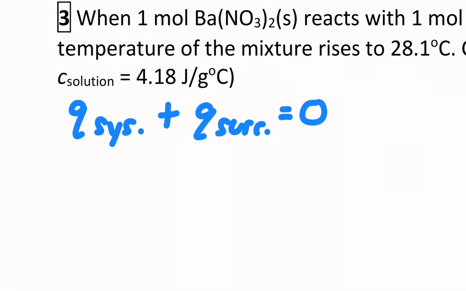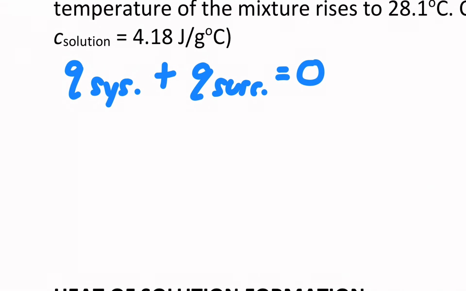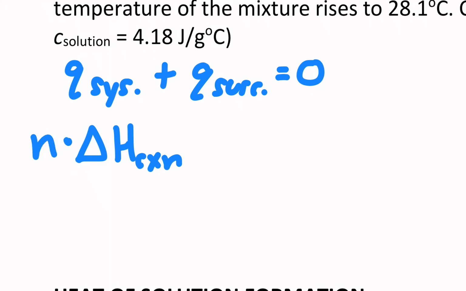My system is actually the reaction, and the heat of a reaction is going to look similar to what we saw for the heat of a phase change. It's not a phase change, it's a reaction, but it's related to the change in enthalpy of that reaction, delta H, times how many moles of reaction we have. I'll explain more what that means in a moment.